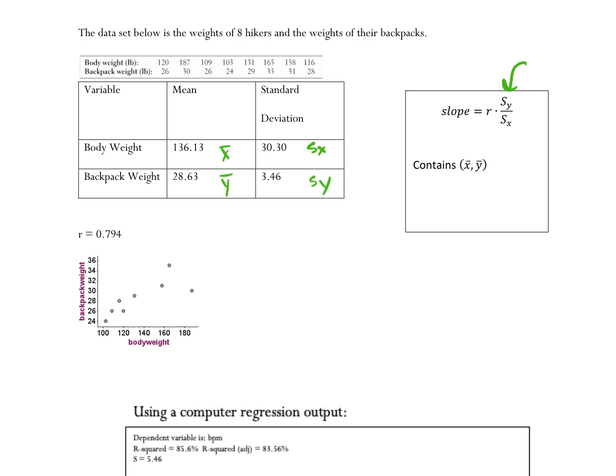Okay, and then we have here what the R is. So if I wanted to find the slope, it would be 0.794 times 3.46 over 30.3.